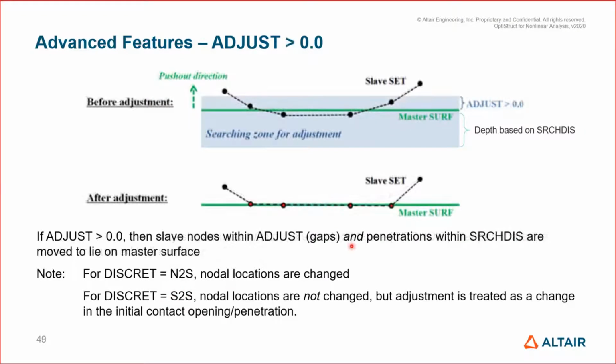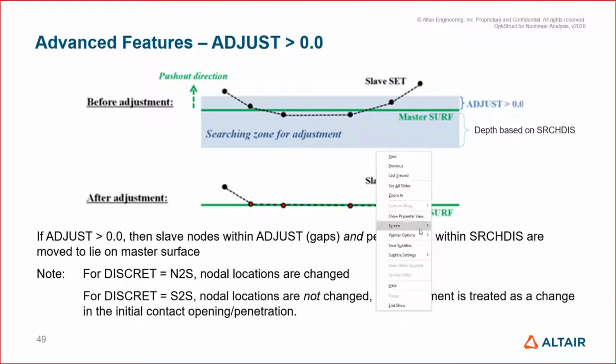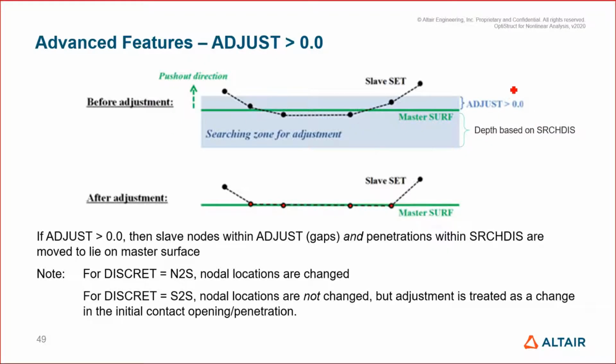Okay. Now, if you use adjust larger than 0, if you didn't use adjust equals to 0, but you put a larger value here, say 1, we are going to search for both gaps and penetration. So for example here, let's imagine that we put adjust equals to 5.